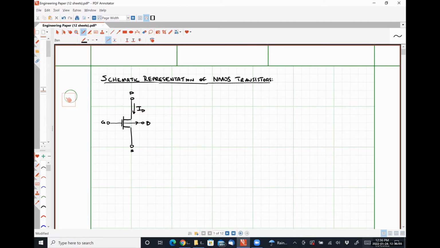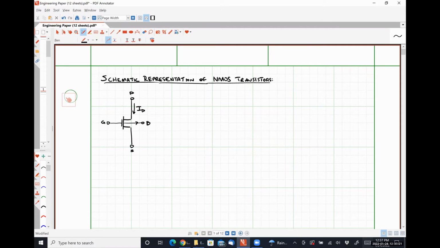But because for an NMOS transistor the source is supplying electrons, and we know that the current should flow in the opposite direction of electron flow, it makes sense that the current flows from the drain to the source. And also it makes sense because the drain is the position of highest potential. The source is typically the position of lowest electrical potential. And so it absolutely makes sense for the drain current to flow from high potential to low potential.